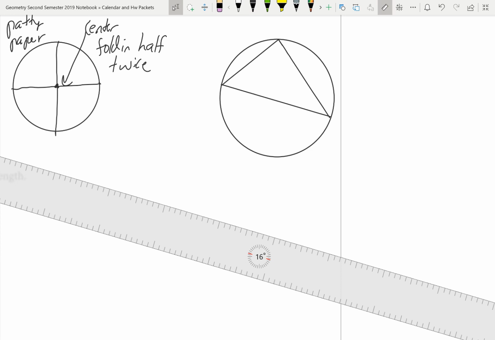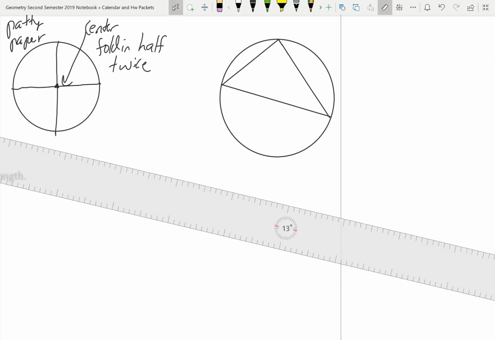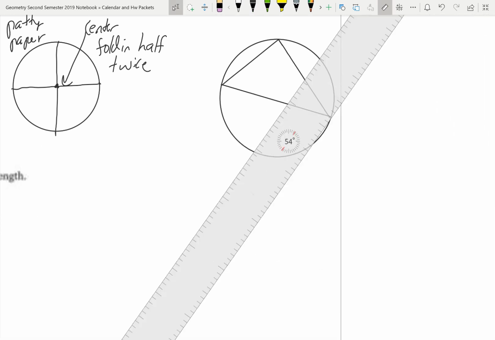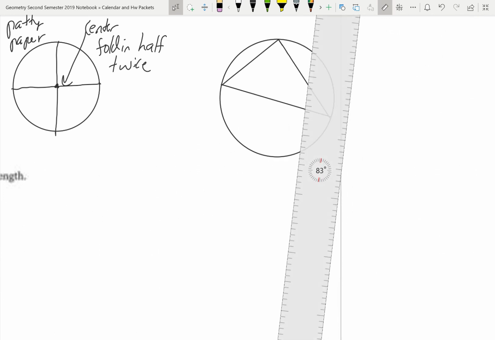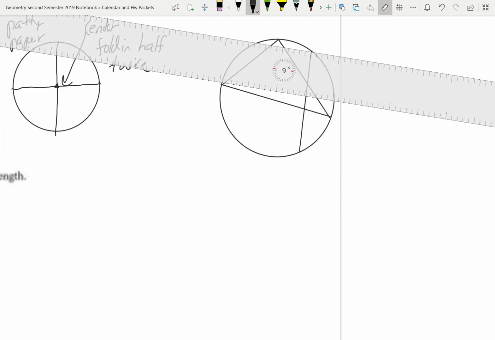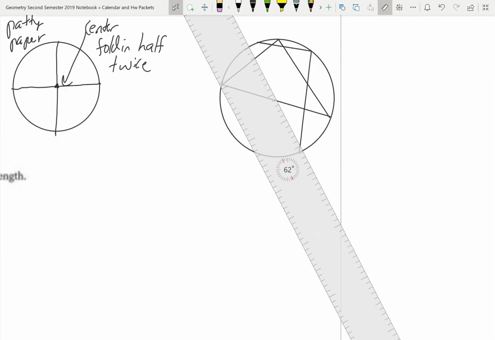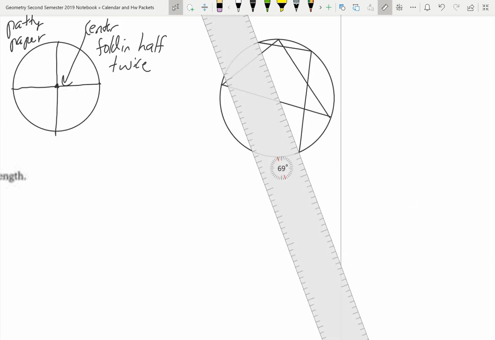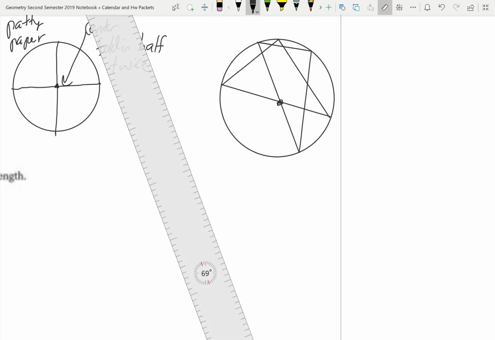Now, if you do that twice, let's do it right here, try to go exactly 90 degrees from that. Looks pretty good. Then we go like that. That's my center.